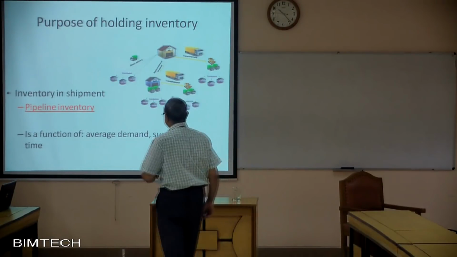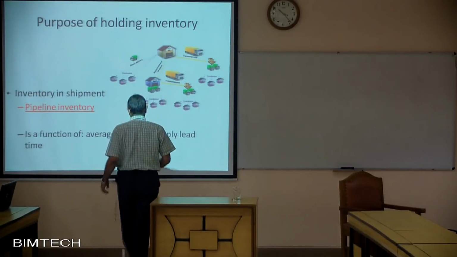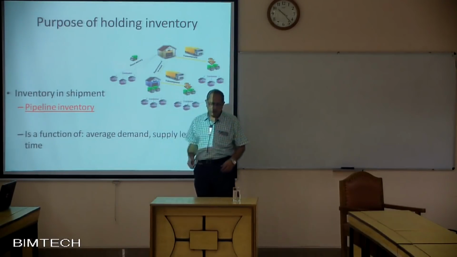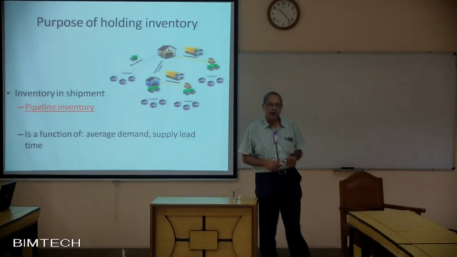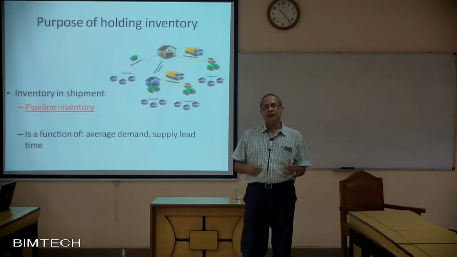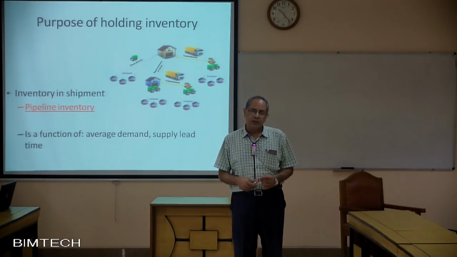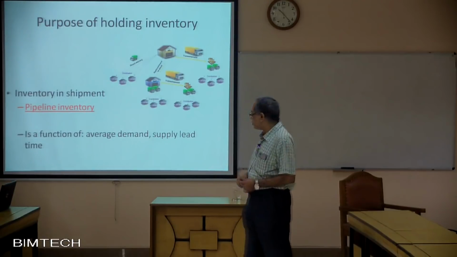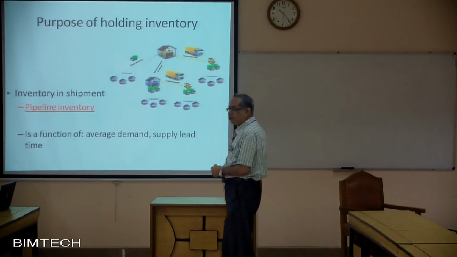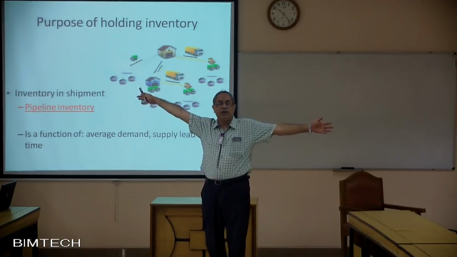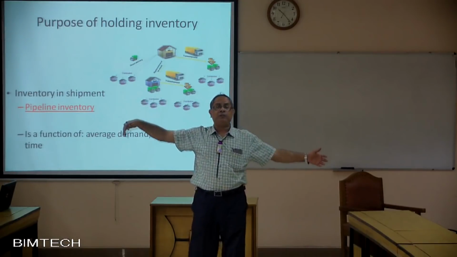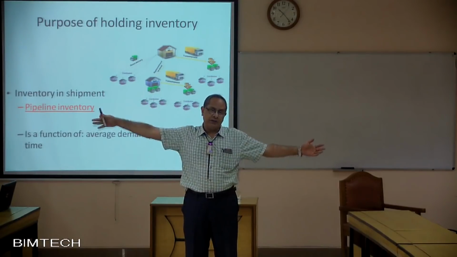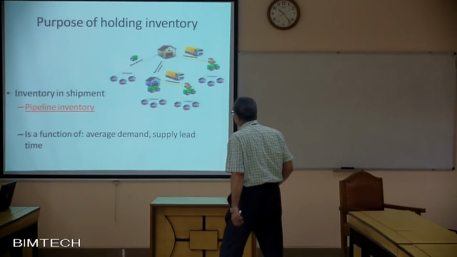So that brings us to the question, what is the pipeline inventory dependent upon? Obviously it is dependent upon the average demand. The greater the demand, the greater will be the pipeline inventory. And of course, it is dependent upon the supply lead time, which means that the longer the lead time, the more is the pipeline inventory that you carry. So fairly simple to understand.